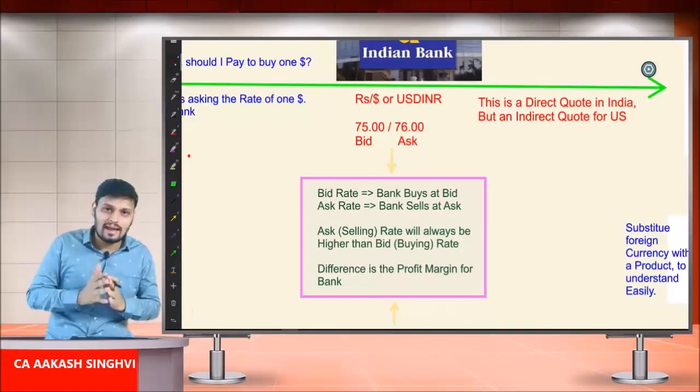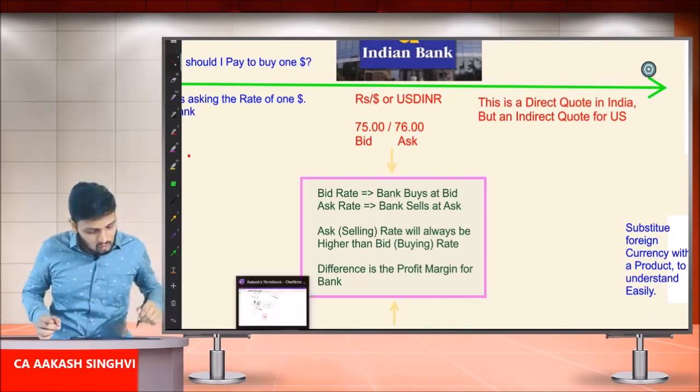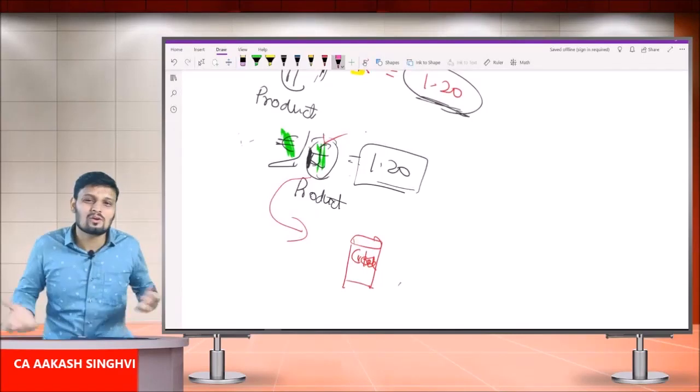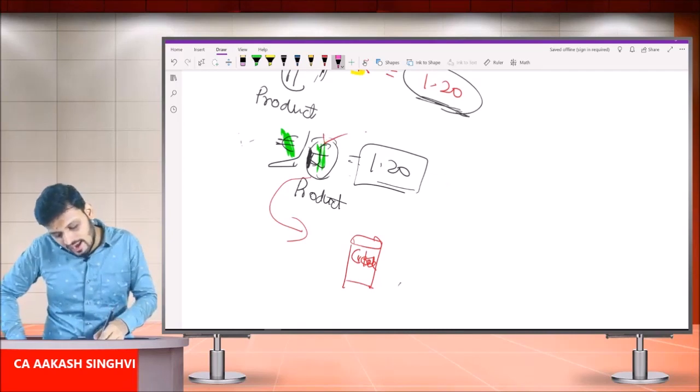Whenever you go to the bank, it will quote you not one rate, it will quote you two rates. For example, you are going to Western Union, a forex dealer, and asking them, give me $10,000.